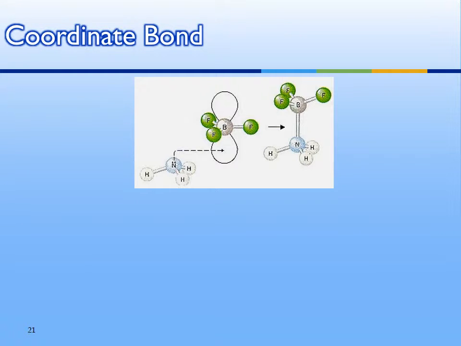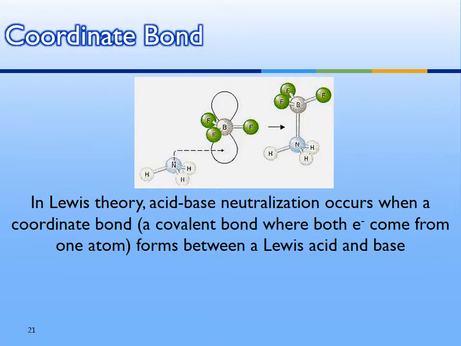Okay, so how is it that ammonia and boron trifluoride react? Well, in the Lewis theory, an acid-base neutralization occurs when a coordinate bond is formed between a Lewis acid and a Lewis base. What is a coordinate bond? It's a covalent bond where both electrons, the lone pair, come from one atom. Now, this reaction works this way.